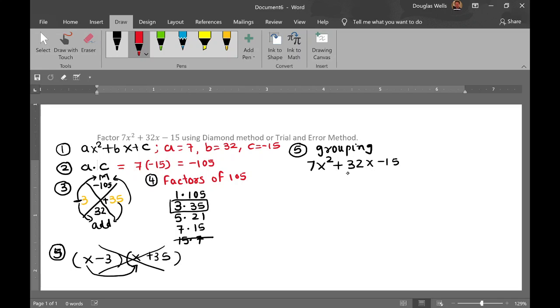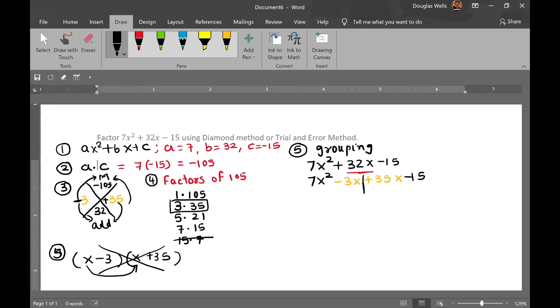Now in place of 32x, I'm going to replace that with negative 3x and positive 35x. Now we're going to break our question down into 2 parts. That means one group using the first 2 terms, and a second group using the second 2 terms.